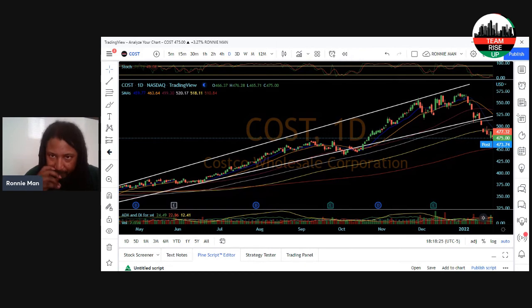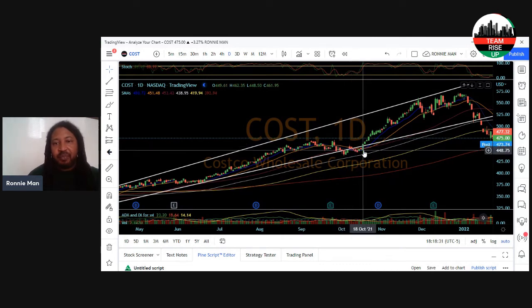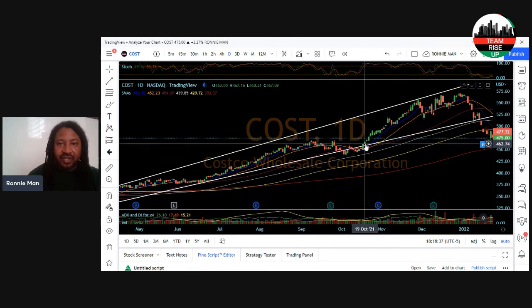Because once we reversed, let's look at here. Once we popped right back in here, you get in calls. Now, let's just go with this candle here. The low was 460 on this candle.